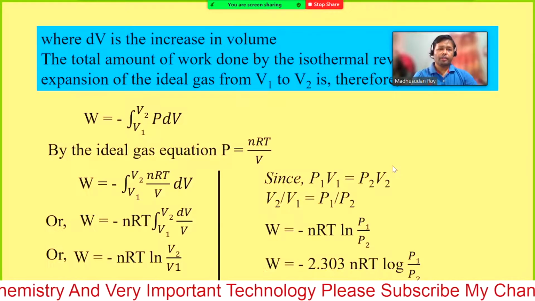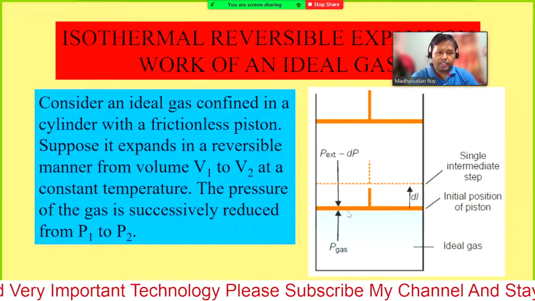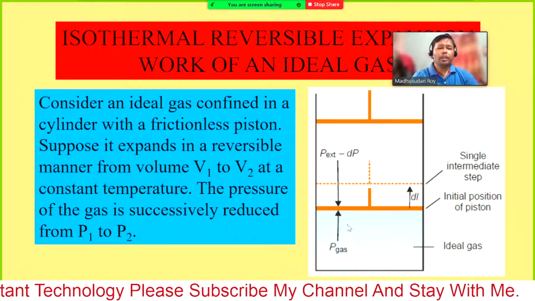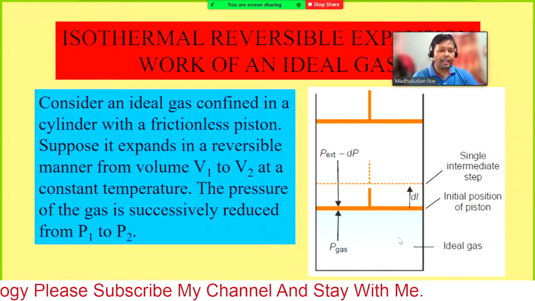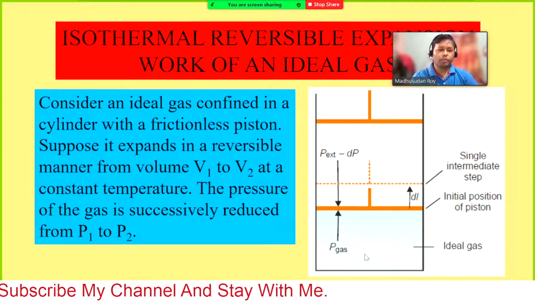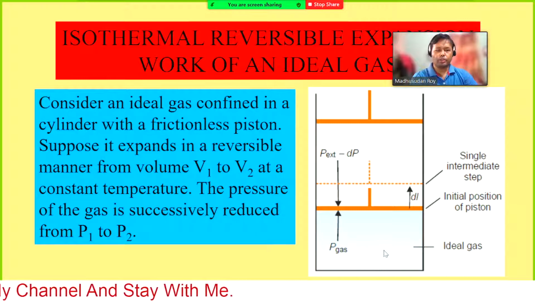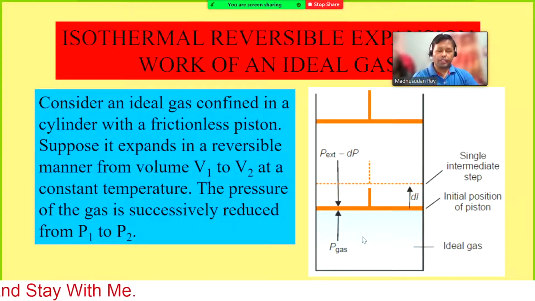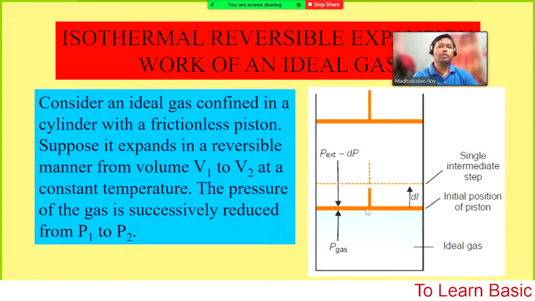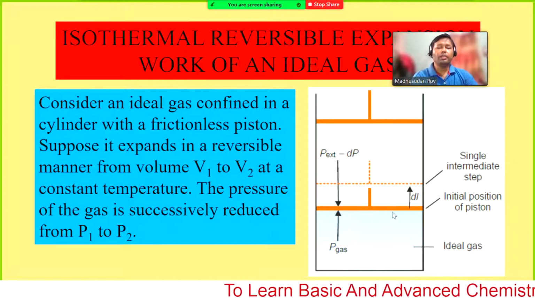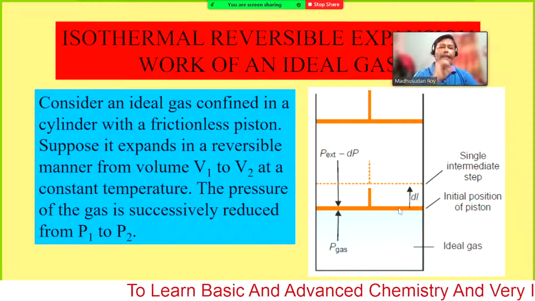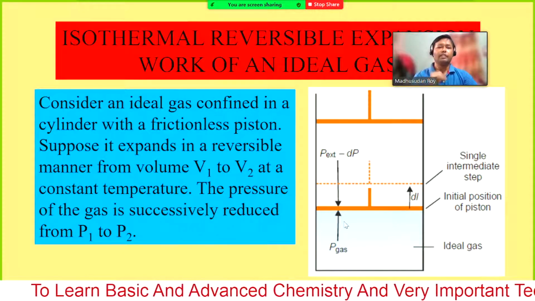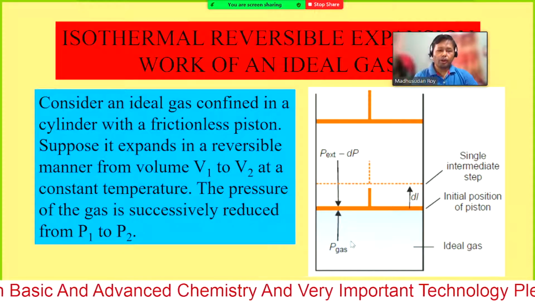So this is our initial position. Now the pressure of the gas inside is Pgas, or let us consider the initial value was P1. As the gas exerts some pressure on the piston, the piston will try to move very slowly, step by step, in very infinitesimal changes.